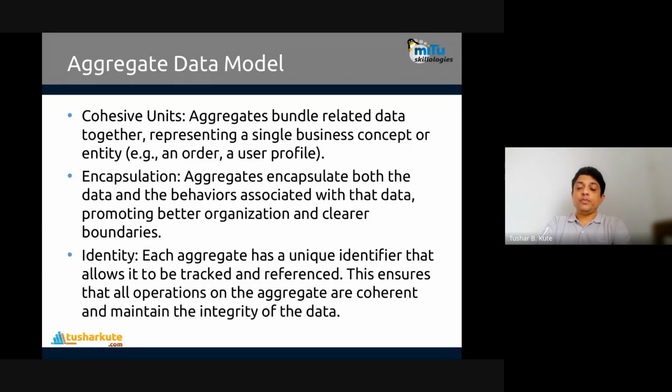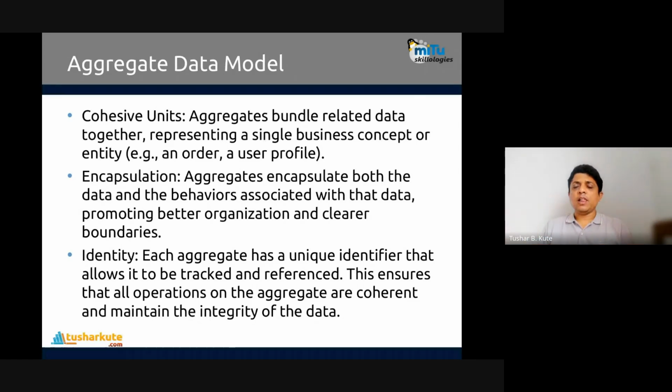On an order, if I received an order from a customer, which kind of information should be present inside it? That is a cohesive unit. Second, encapsulation. I hope you know this from object oriented programming. Aggregates encapsulate both the data and behavior.